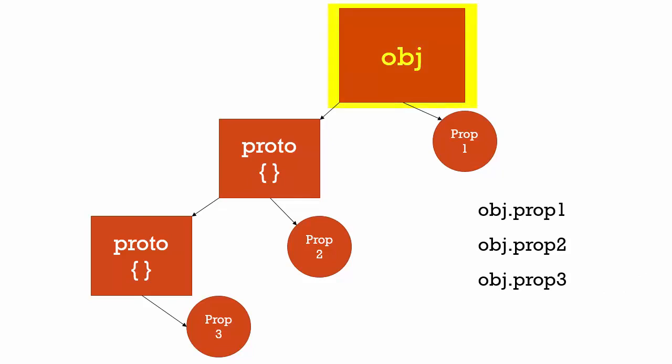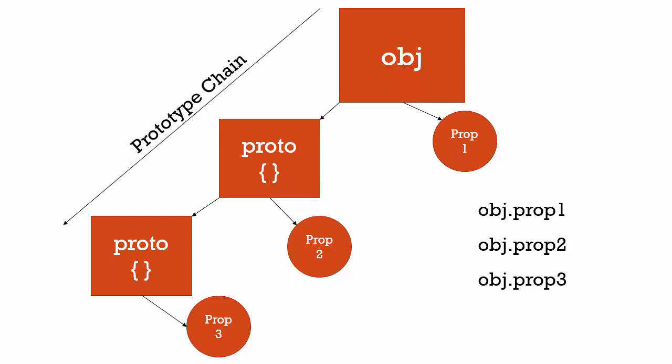It doesn't find it in obj, so it looks at the prototype, that proto object. It doesn't find prop3 there, so it looks at the prototype of that object. And it finds prop3 and returns it, gives it to us. It looks like it's on our main object, but it's actually a ways down what's called the prototype chain.